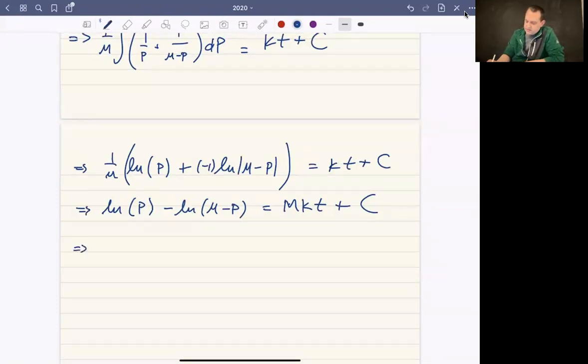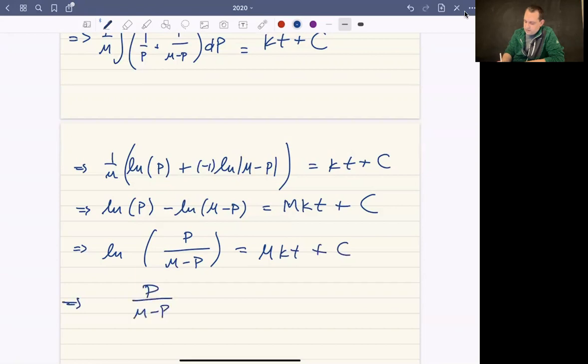So this tells us that the natural log of p over m minus p is equal to mkt plus c, so that p over m minus p is equal to e to the mkt plus c. And I'm going to do the usual thing all in one step since we're pros, but e to the c is just going to be another constant. So we'll call that c.